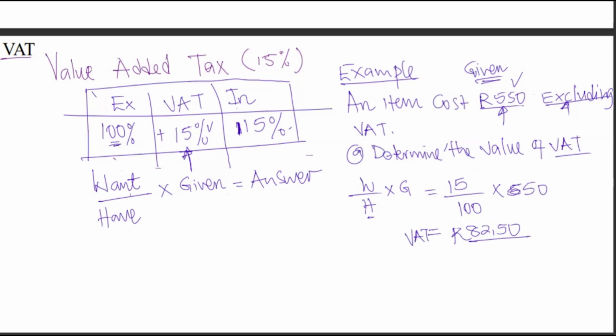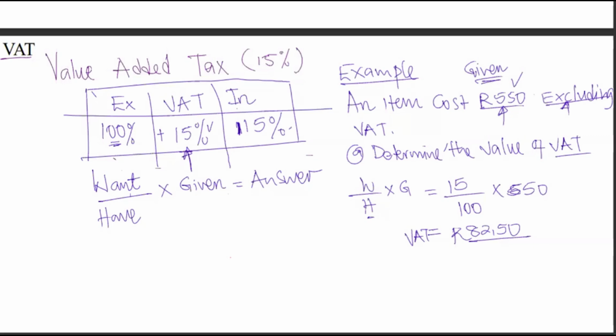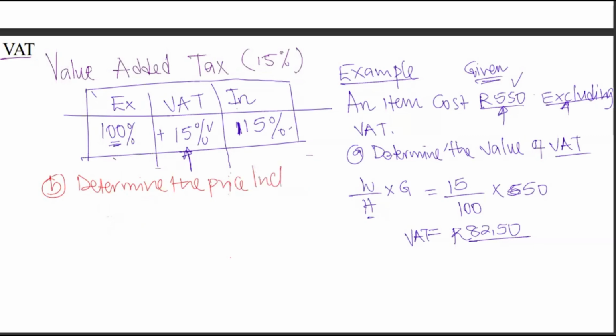Then let's look at part B. Part B, let's say they tell us to determine the price including VAT. Now, this one is done in two ways.